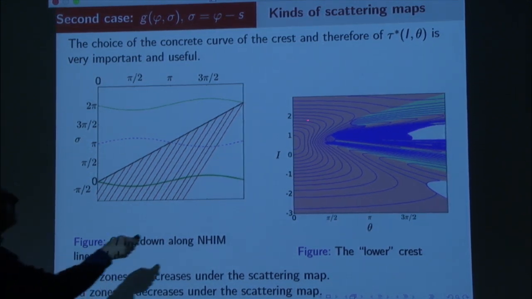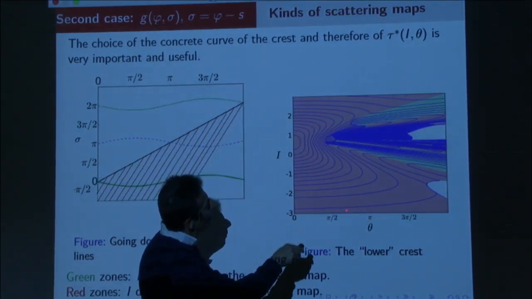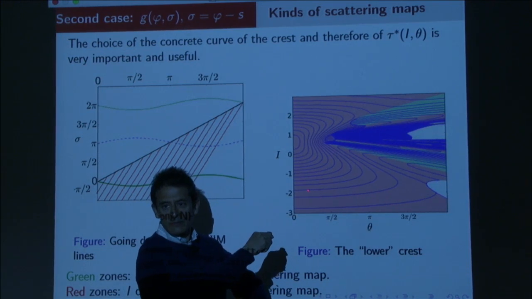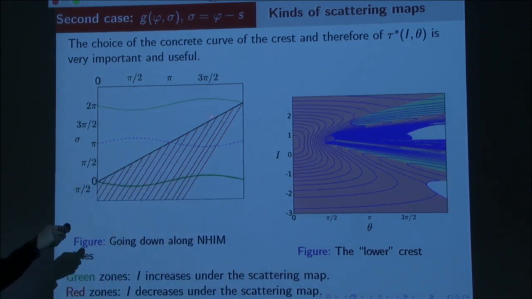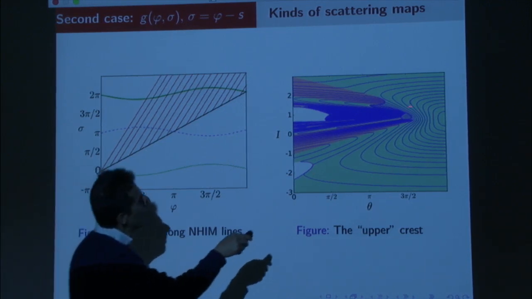So this could be a bad scattering map to grow I, because I will be going down almost all the time, because, for this diagonal, I'm touching this green line here. Other possibilities: let's go up. Instead of touching this crease here, we touch in the upper part. When I do this, I have more green.